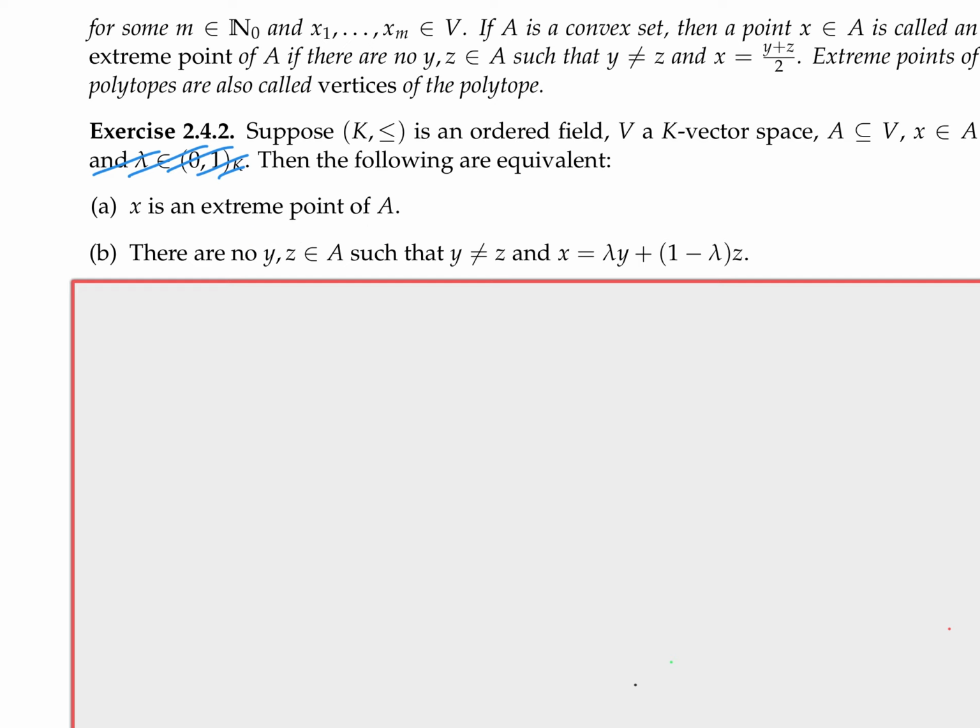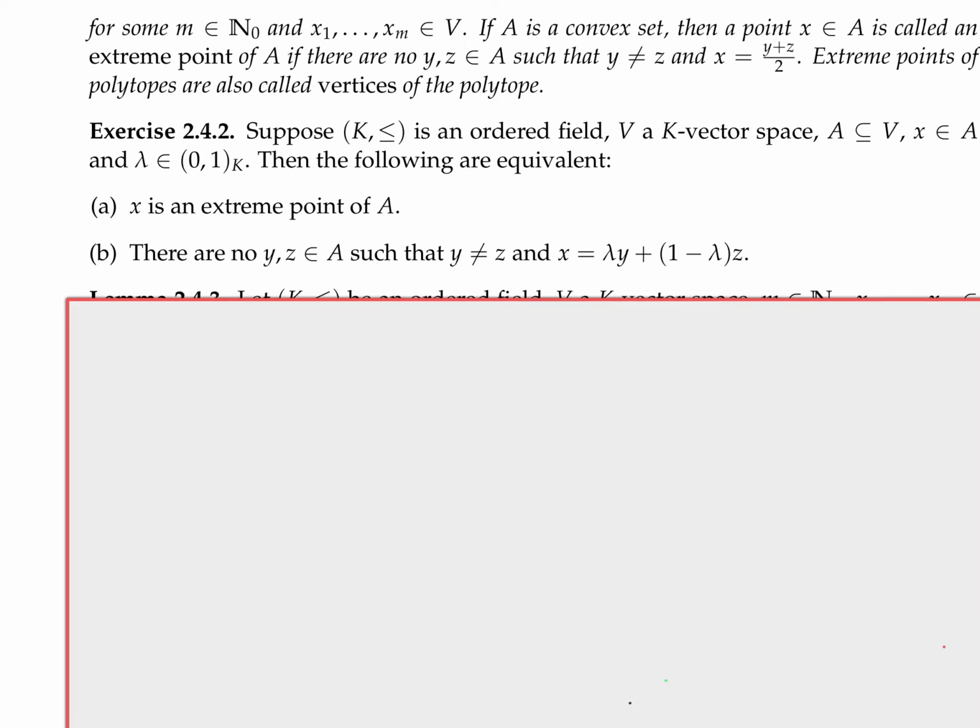But since I fixed the lambda in advance, now B implies A is not completely trivial, it is almost the same argument as A implies B. That's a little bit stronger formally. It's always nice to formulate things stronger, but that's not very important here.